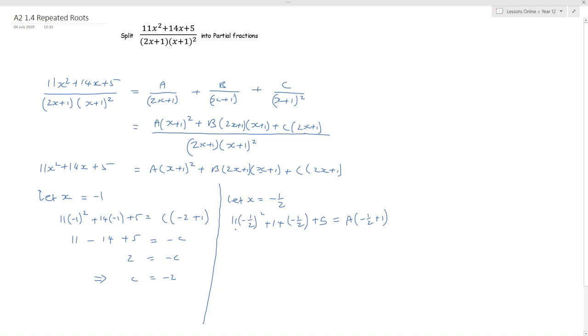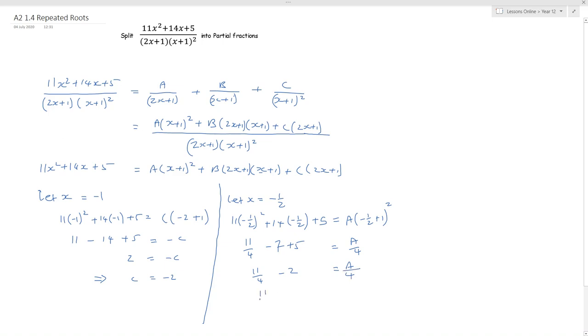This will give me, minus a half squared is a quarter, so it'll be 11 over 4, minus 7 plus 5, and that's equal to, oops, that's squared, don't forget that, A times a half squared, so it's going to give me A over 4. To solve this side, I've got 11 over 4, minus 7 plus 5 is minus 2, which is equal to A over 4.